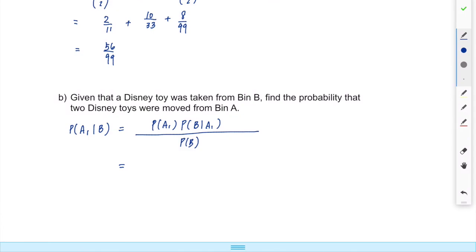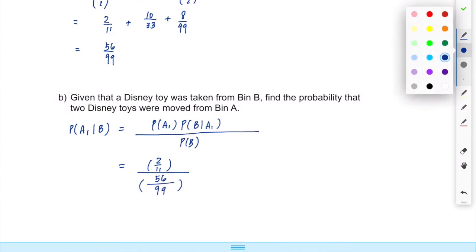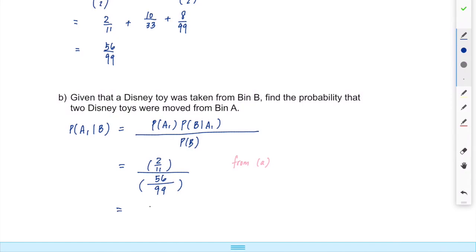So this case is scenario 1, the first term from part A, which is 2 over 11, out of 56 over 99. These numbers are from part A. Simplifying this, I got 9 out of 28.